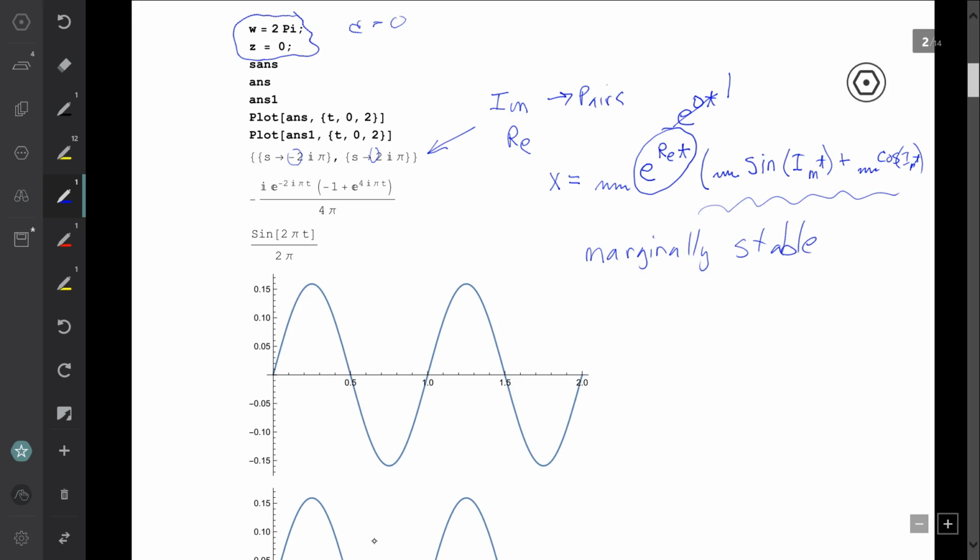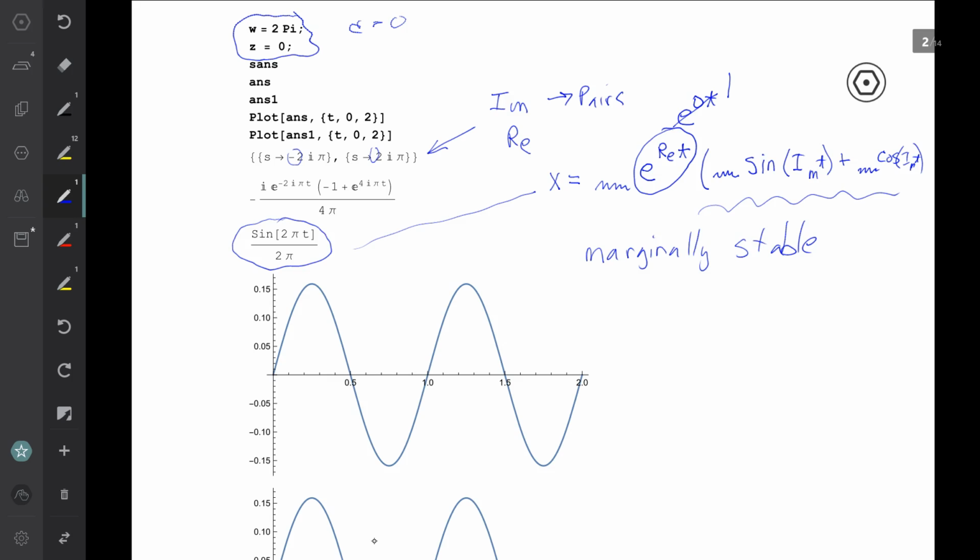Okay, and if you look at the solution to the differential equation, you have it right here. This is probably the easiest one here. So if you notice, this matches the form that I'm trying to indicate to you here. x is going to be e to the 0t, which is 1, times the sine. Could have a cosine, but because of the initial conditions here, it just happens to have a sine.